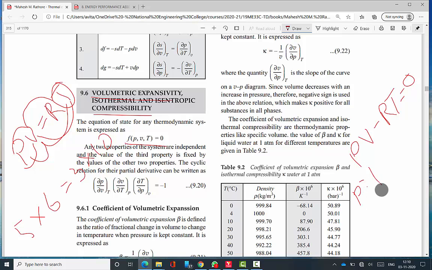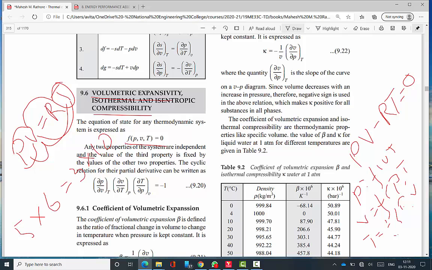Pressure is a function of V and T, volume is a function of P and T, and temperature is a function of P and V. These are individual functions, but for the function of PVT, LHS minus RHS is equal to 0. The main important parameter.